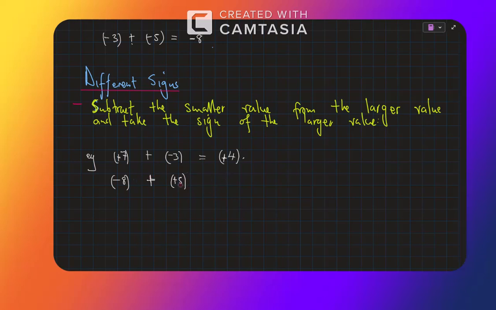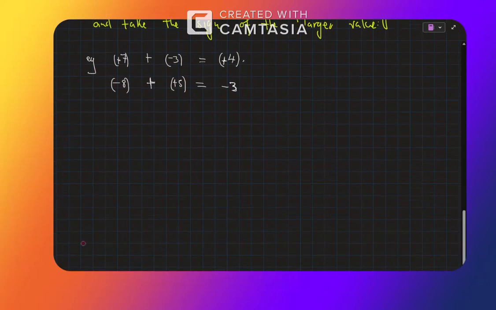So you're going to subtract 5 from 8, you're going to get 3, and then you take the sign of the larger value, which is negative. So that's going to be negative 3, like that. That's how you do addition of values with different signs, right?